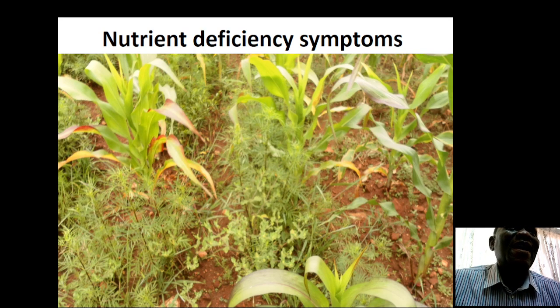So here we are again showing you the purplish leaves and yellowish leaves, probably highlighting that phosphorus and nitrogen are deficient.